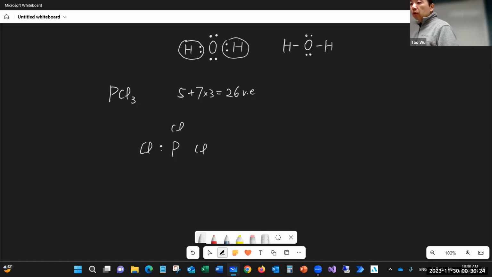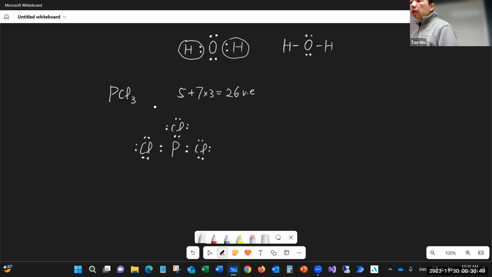But before that, we're going to put the 3 paired, shared electrons, and then we're going to assign the dots on the outside. So 6, 8, 10, 12, 14, 16, 18, 20, 22, 24.